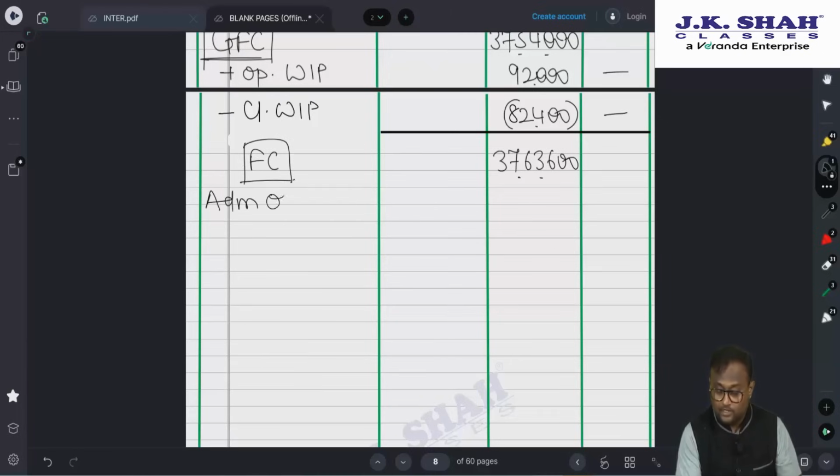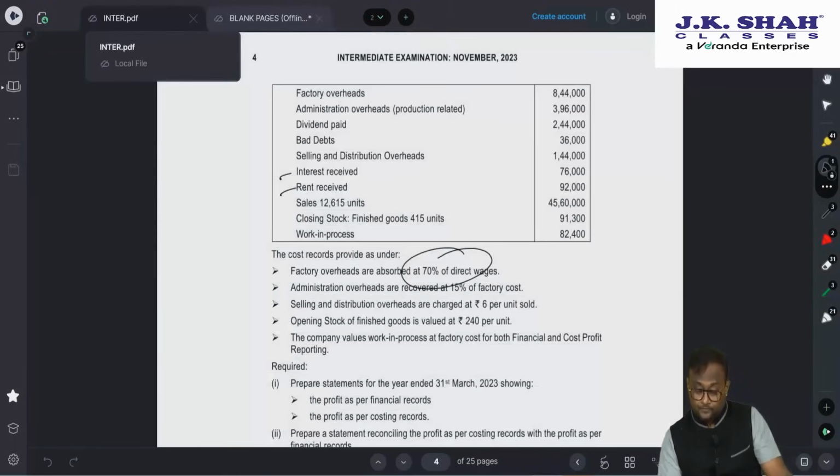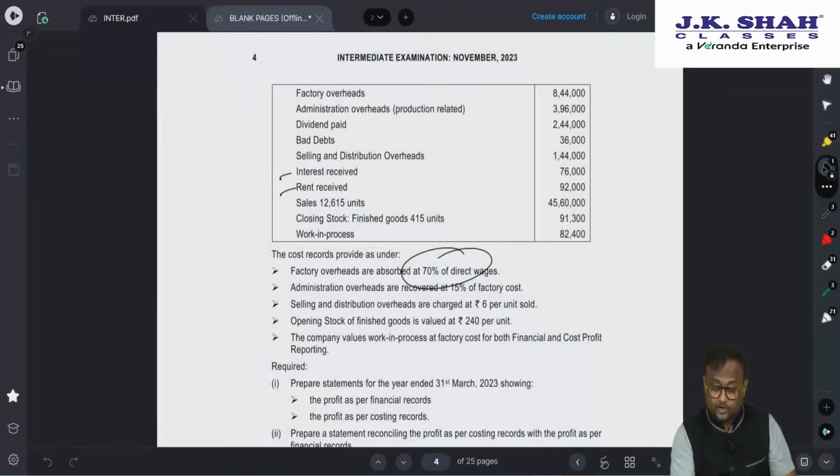About admin overhead. See, quality control and R&D are not there. Directly we have admin related to production, which is 15% of factory cost.